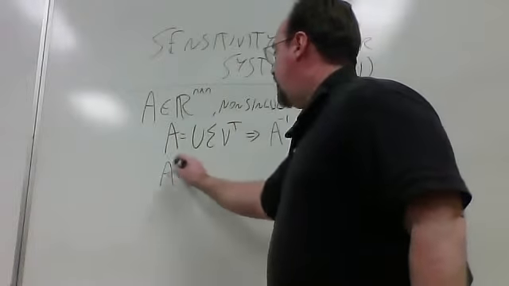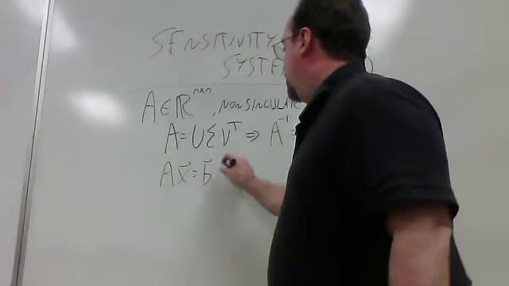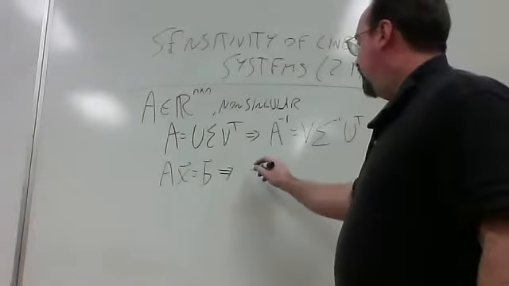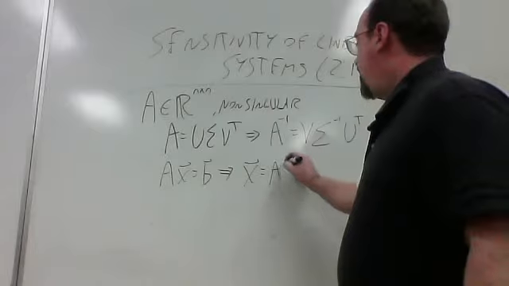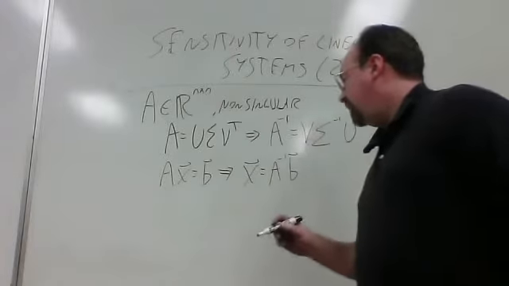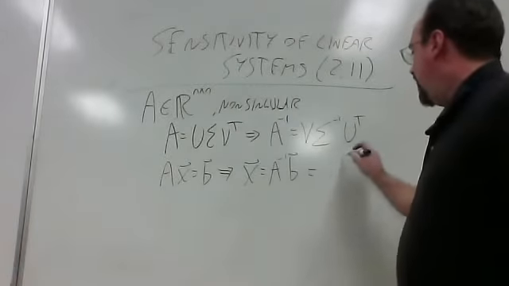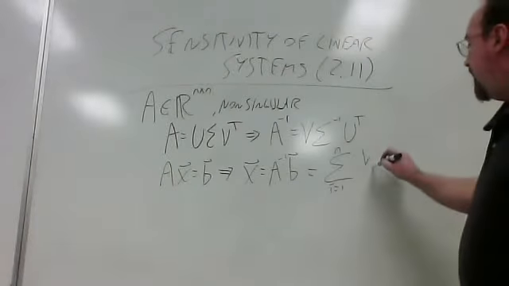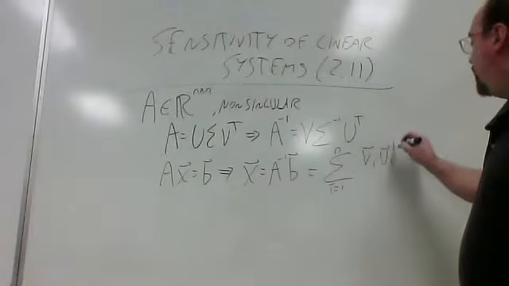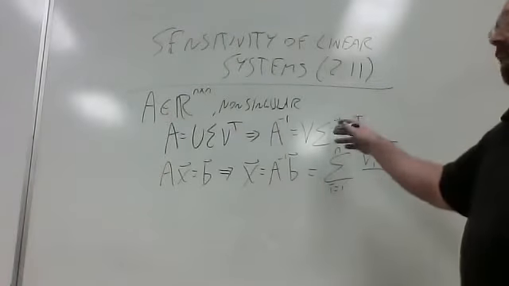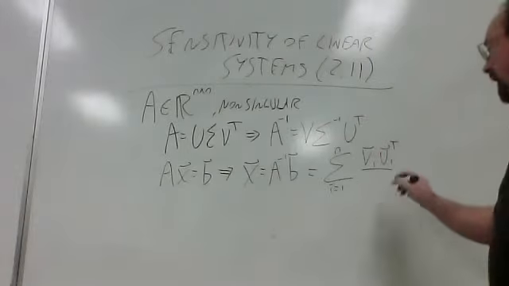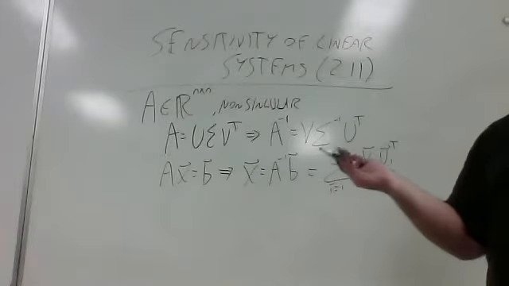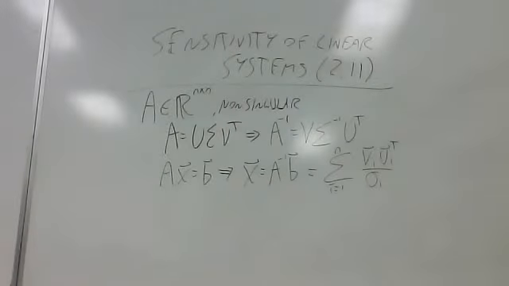So if I have a system of equations, Ax equals b, then the solution x is A inverse b. But now if I express that in terms of the SVD using outer products, I'm going to have v_i u_i transpose, and because I have the inverse here, I'm dividing by singular values that are all non-zero in this case because A is invertible.